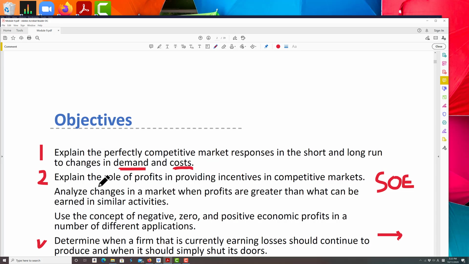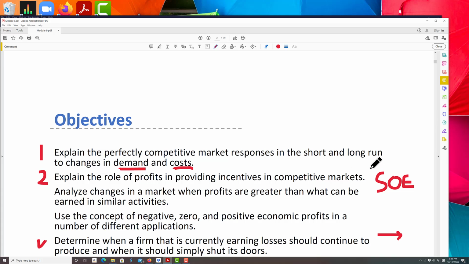Secondly, we will explore the role of profits in competitive markets. In free market economies, firms respond to changes in profits, whereas in command economies like China, firms may not respond to profit changes.